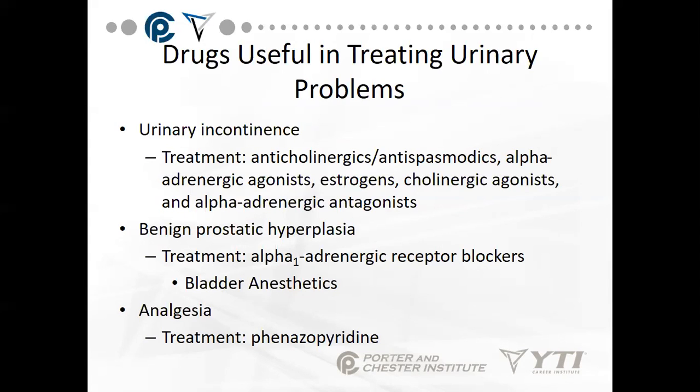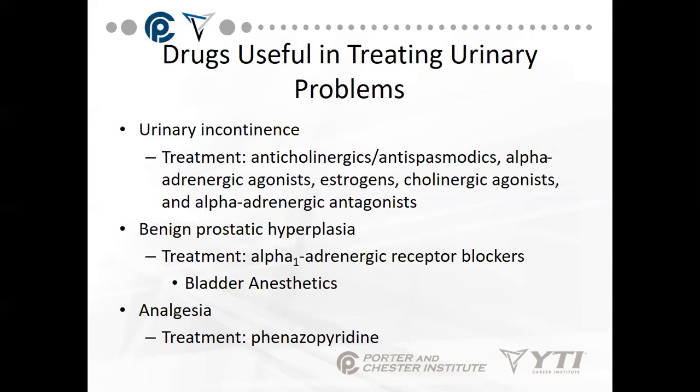Your book says drugs used in management of BPH are the alpha adrenergic receptor blockers that relax the smooth muscle of the prostate and bladder outlet, and testosterone inhibitors that shrink the prostate. So both types of drugs can help the patients pass urine more easily.